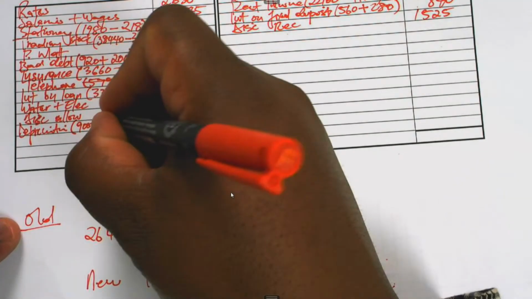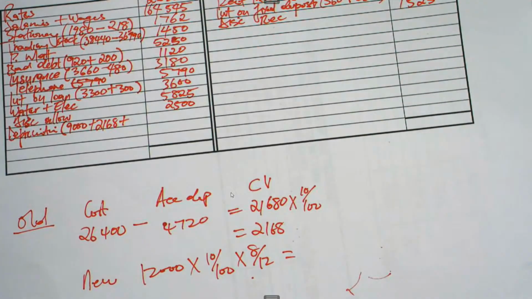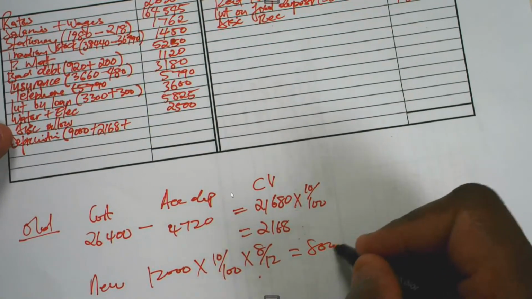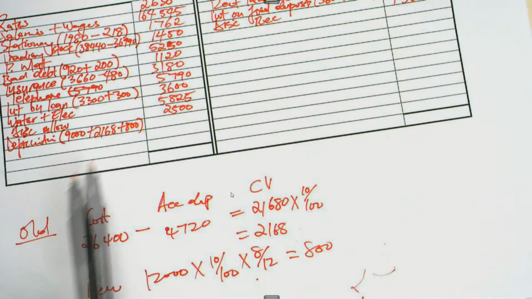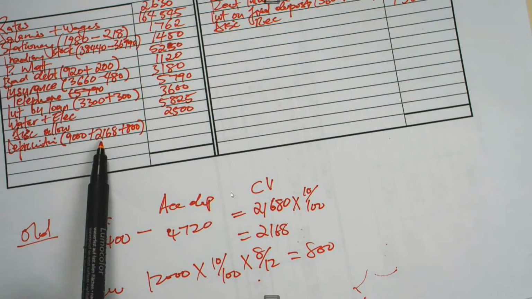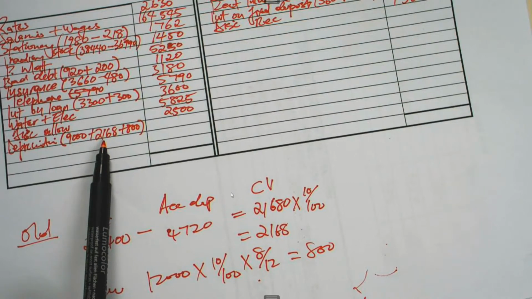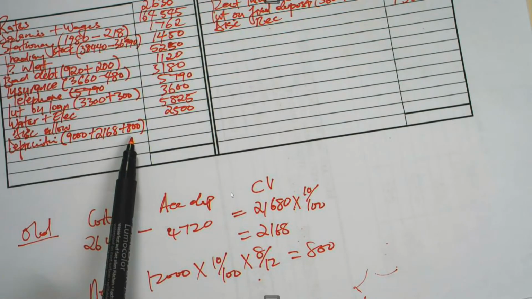Let me just write this. 2,168 of old. Then we add the new one: 12,000 times 10 times 8 divided by 12. It gives you 800. So now we have 800. So here it's depreciation for equipment of 9,000, and then 2,168 for our old equipment, and then 800 for new.